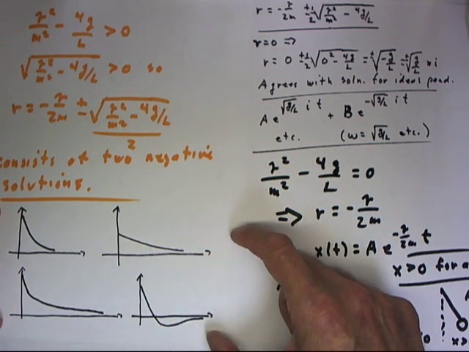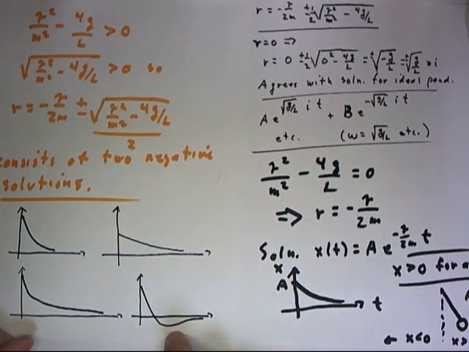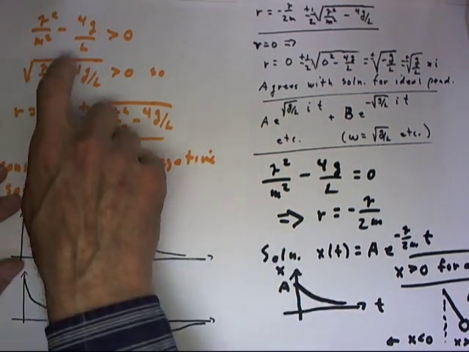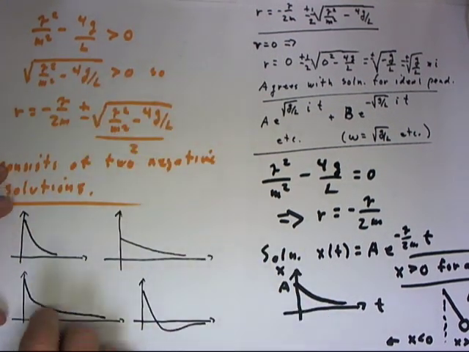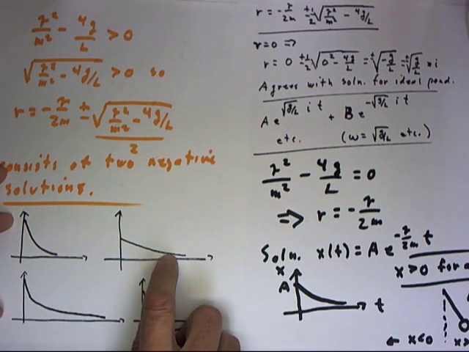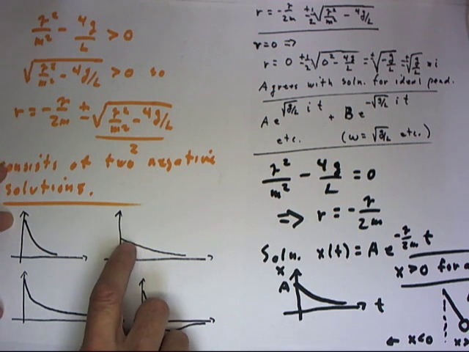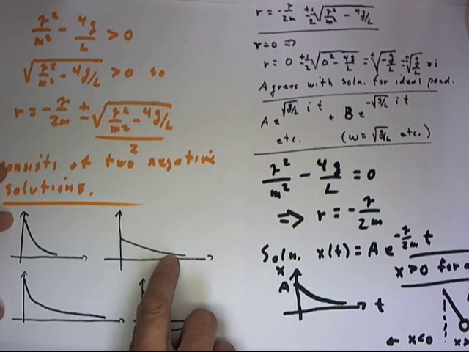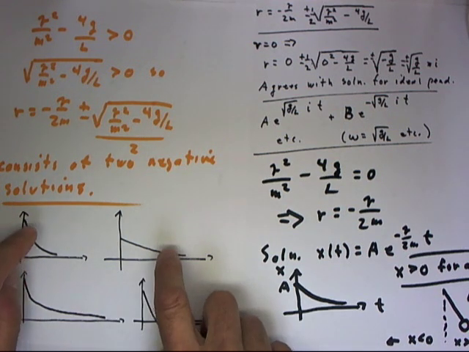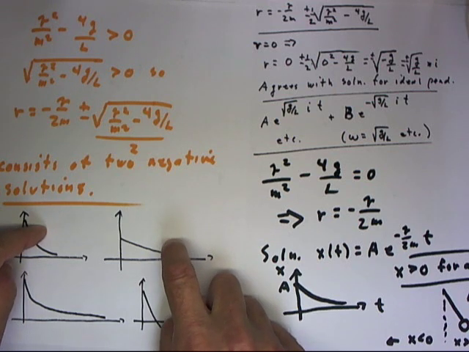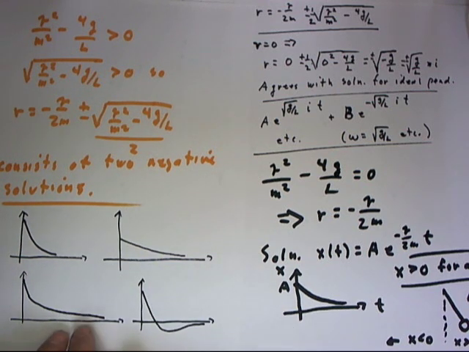For right now, we'll simply stick with the conceptual idea that when this discriminant is positive, we get a combination of two exponential functions, one of which approaches zero relatively more rapidly than the other. And by superposing those two solutions, we can get this kind of behavior or this kind of behavior.